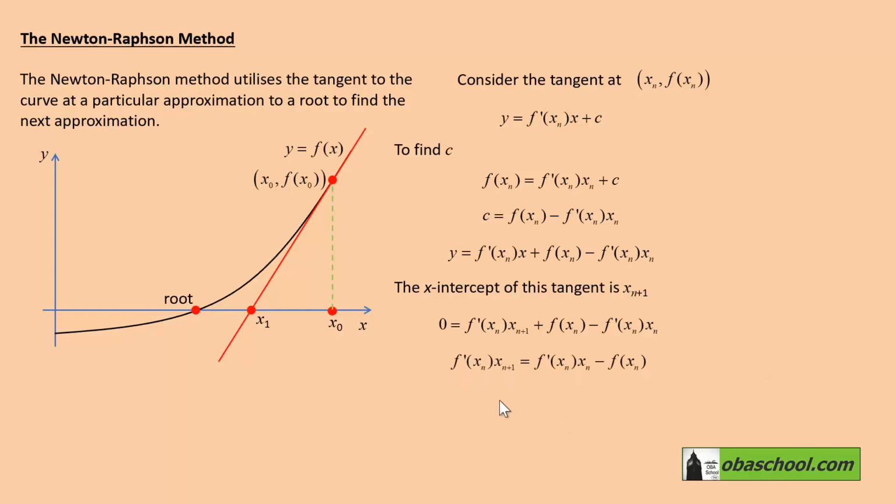We can rearrange this, and if we continue to rearrange to get xn plus 1 as the subject of the formula, we end up here, and of course these f dashes will just cancel. And so we end up with the Newton-Raphson formula that xn plus 1 is xn, take away f of xn over f dashed of xn. And that's the formula we're going to be using when we're applying the Newton-Raphson method.